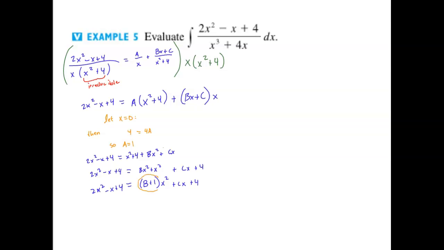So the x squared coefficients have to equal each other. That gives me B plus 1 equals 2. The linear coefficients have to be equal, so that gives me C equals -1, and then just solve. So B also equals -1, right? No, B equals +1.